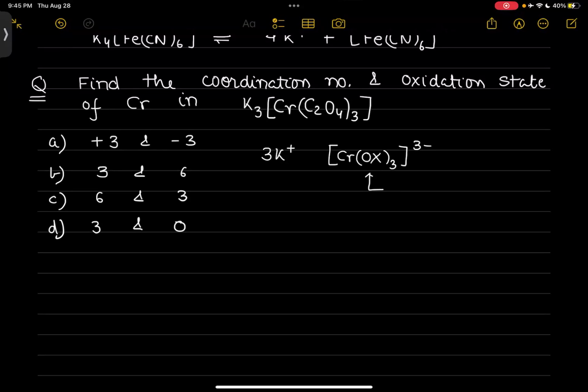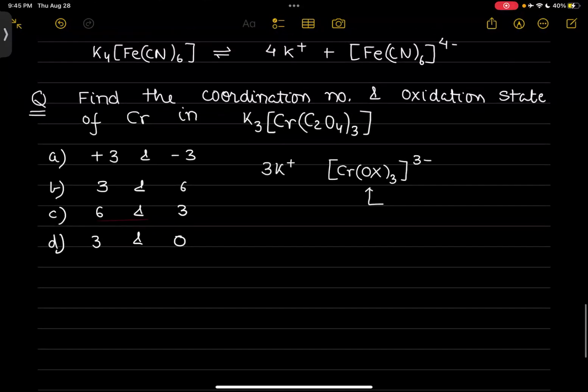So option D or C? Option C, yes, exactly. The coordination number is 6 because oxalate is a bidentate. Whenever it is bound to the metal ion, it donates 2 of its lone pairs. And there are 3 oxalate ions, as you can see.